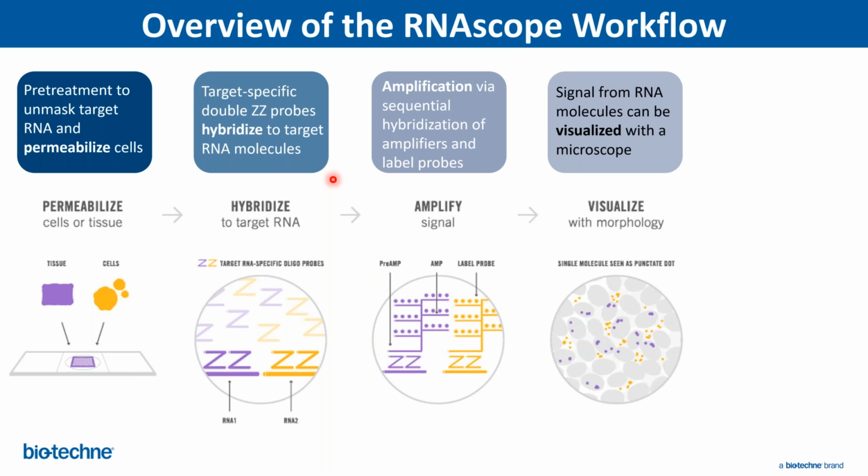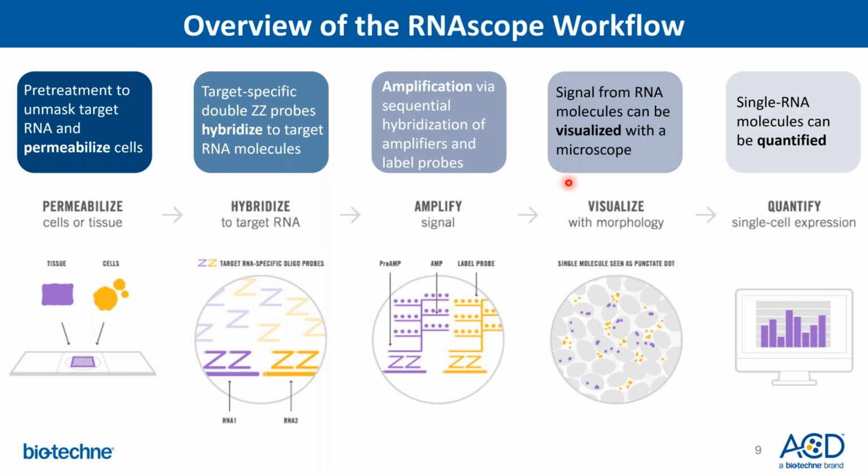And then finally, you can detect the signal from single RNA molecules, which can be visualized under a microscope or using a scanner. And ultimately, you can quantify single cell expression from the single RNA molecules that are visualized. So this is basically the overview of the workflow.